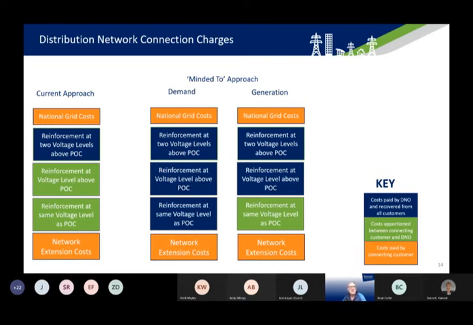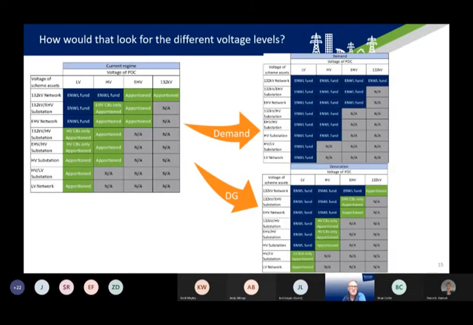There are some exceptions to that I'm going to come on to in a minute, as you'll see when we go through the updates. But that was their minded-to position. And then that just shows the different split. So you can see the amount of green where there's a degree of socialization and that being split between the connecting customer and GUoS goes to a much smaller amount in the future.